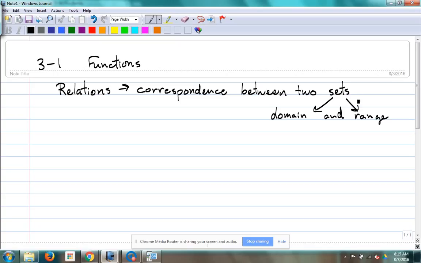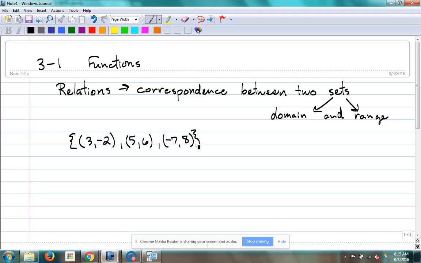Does anybody remember what domain goes with in a problem? We're talking about a relation. So a relation, an example maybe is a set of ordered pairs. There's an example of a relation. So the domain relates to which part of that?